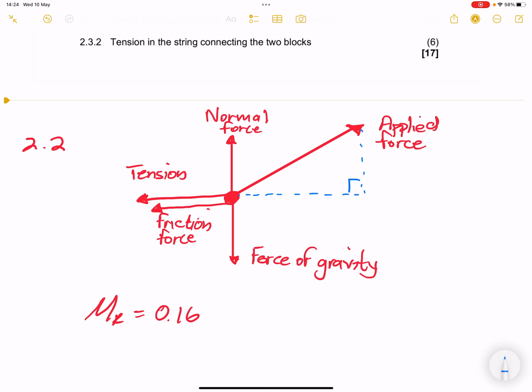We've got the horizontal component, which we can call the parallel component, whatever you want to call it. For the purpose of this, I'm going to call it the force in the x direction, Fx. And I've got another vertical component, which is going to be the force in the vertical direction. I'm going to call it Fy.